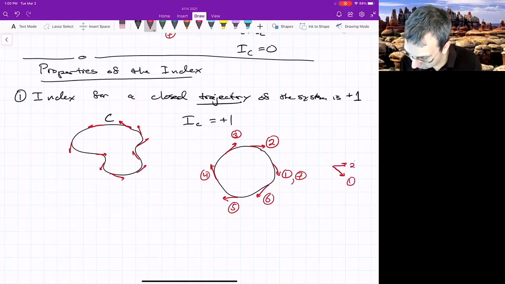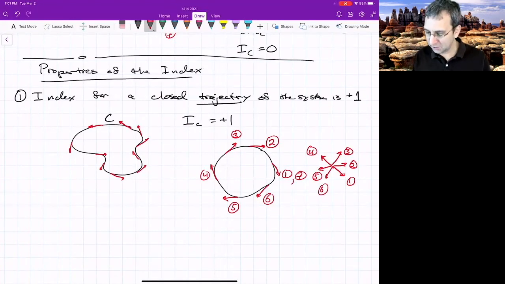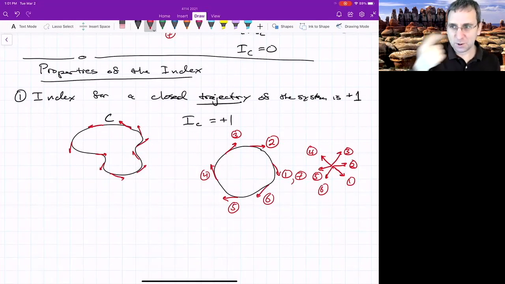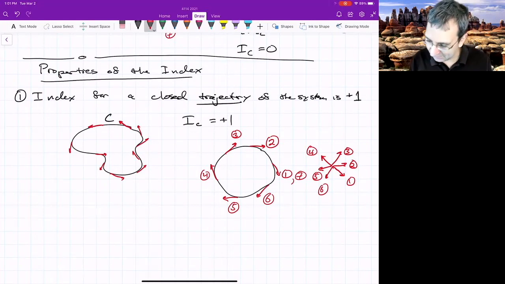So here is 1, 2, 3, 4, 5, 6, and back to 1. And this vector went around once in the counterclockwise sense. So it doesn't matter if the closed trajectory is going clockwise or counterclockwise. The index for a closed trajectory of the system is still 1.